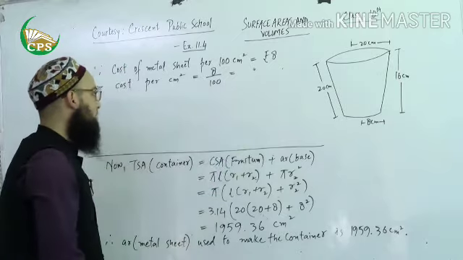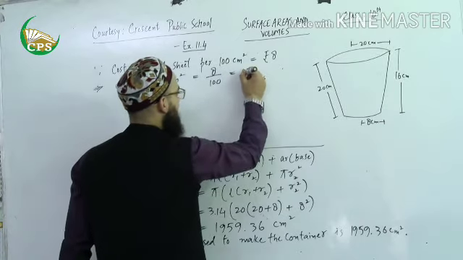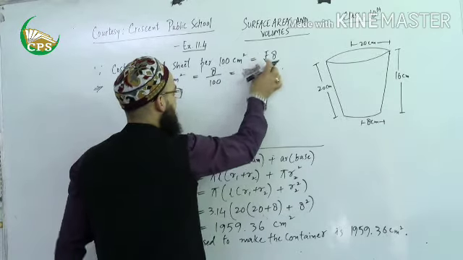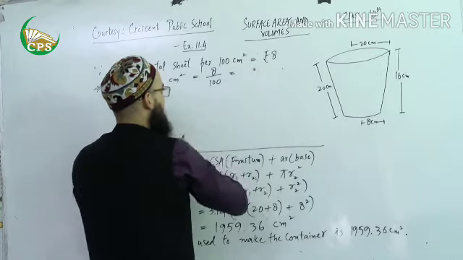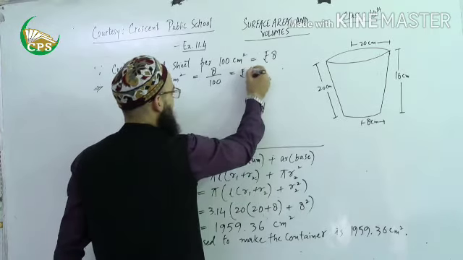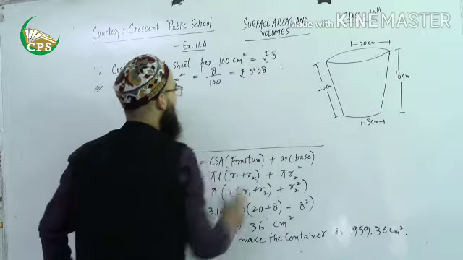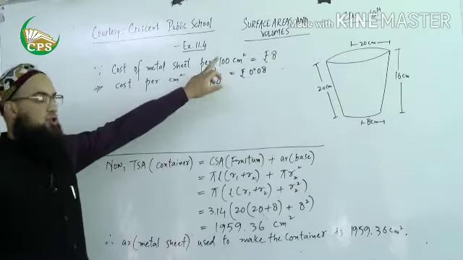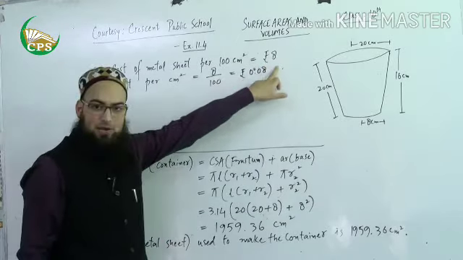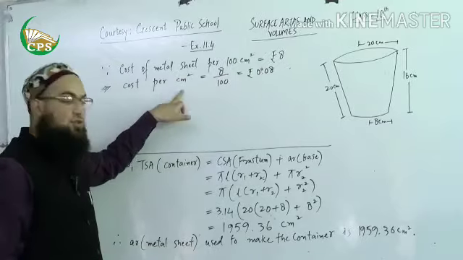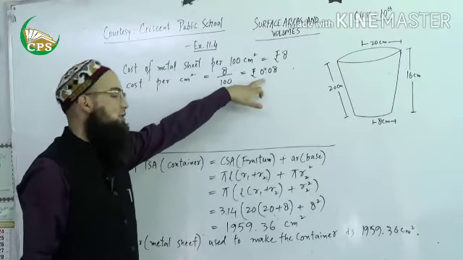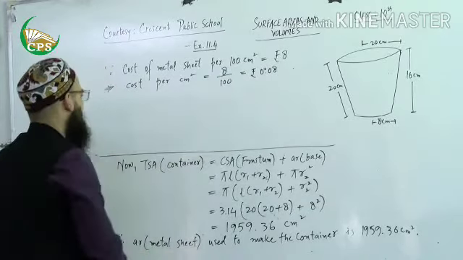And that is how much? 0.08. That is rupees 0.08. For 100 square centimeter, the cost is rupees 8. For 1 square centimeter, cost is rupees 0.08.